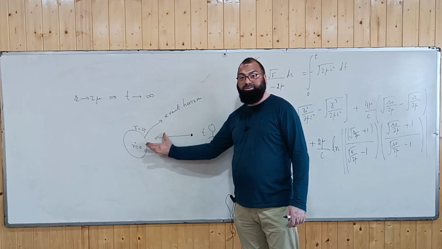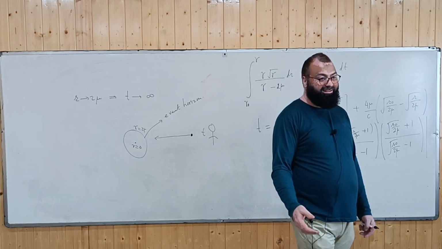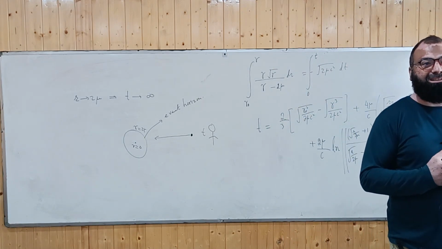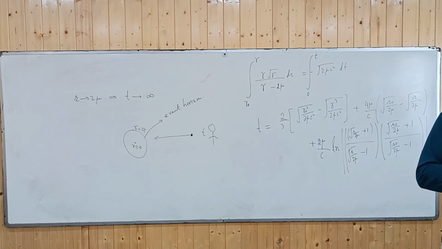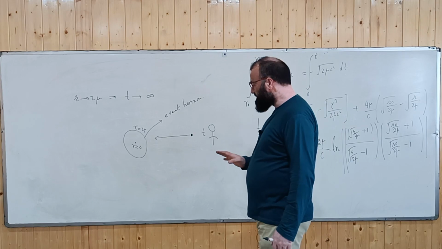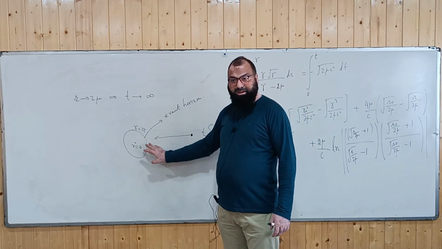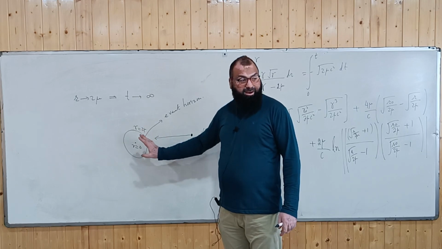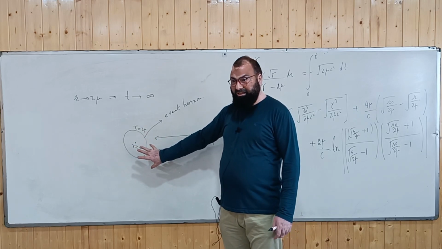So how will it look? Nothing comes out of it. It will look black, that's why we call it a black hole. I will explain that at the end of the lecture, how it works. So we will deal with it in more detail. This is the idea of a black hole.